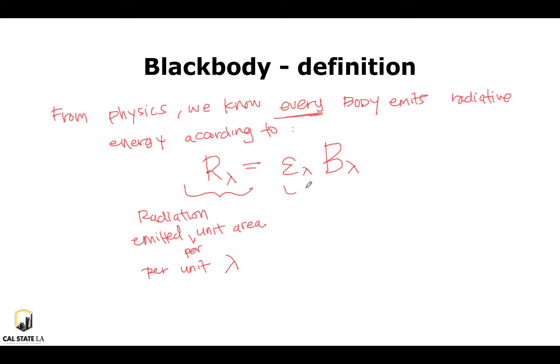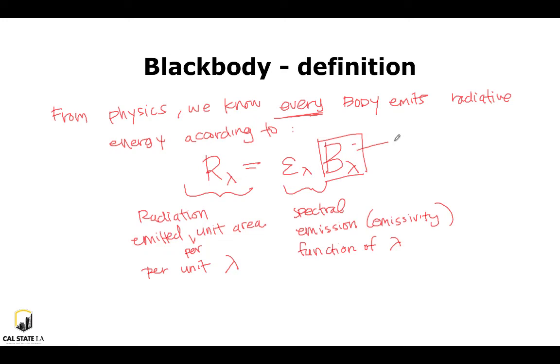This is your spectral emission or emissivity, which is a function of lambda. And this B here is called a blackbody emission at lambda. So a few things to explain here.